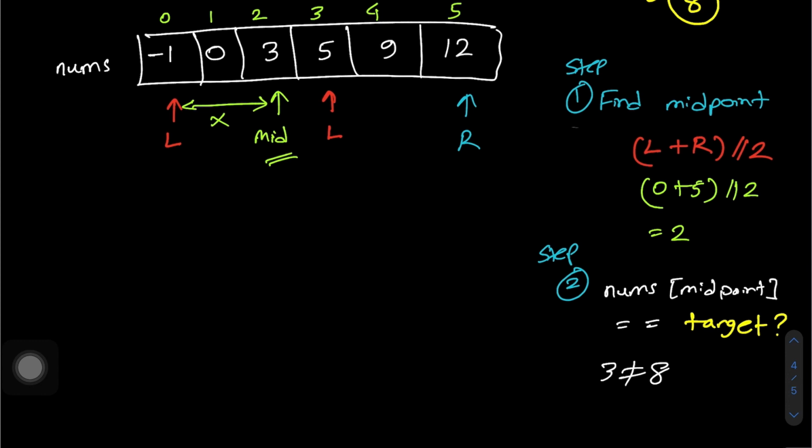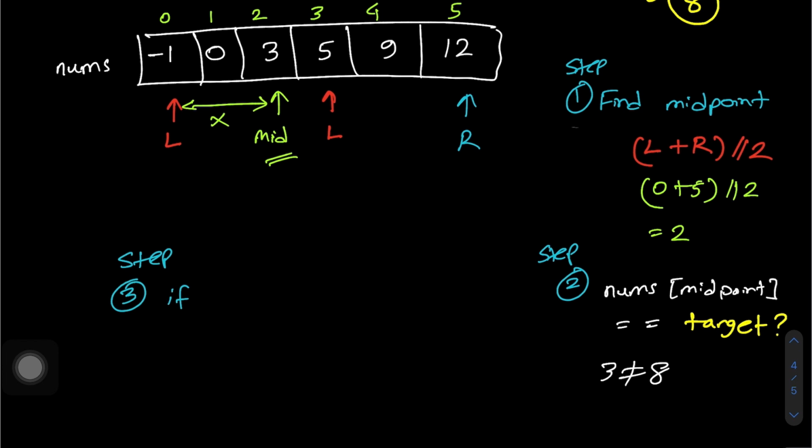So that is where the left pointer is going here, and this becomes our second iteration, right? So step 3 was basically changing the left or right pointer depending on the value that we find. So it's kind of two sub steps within this step.